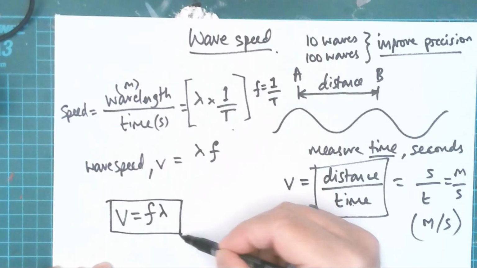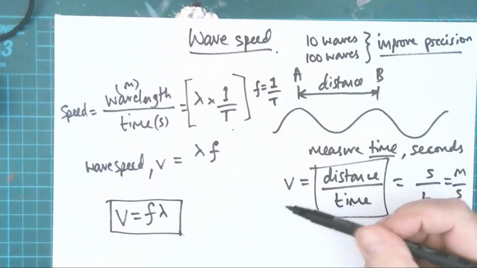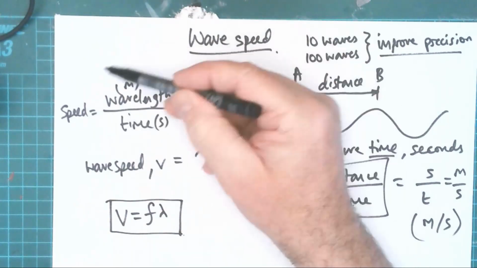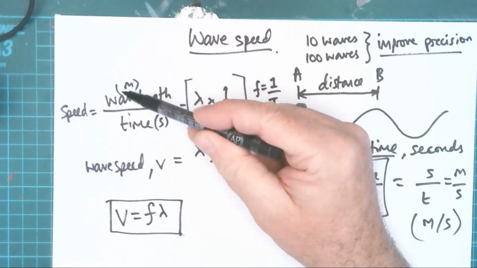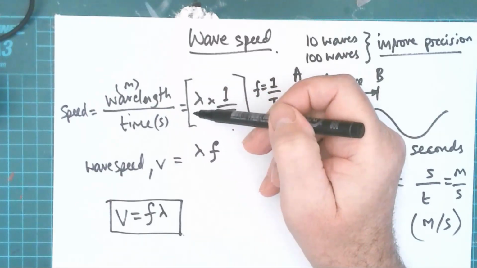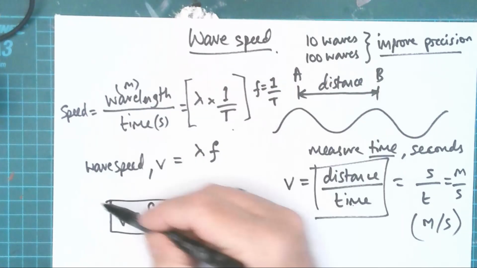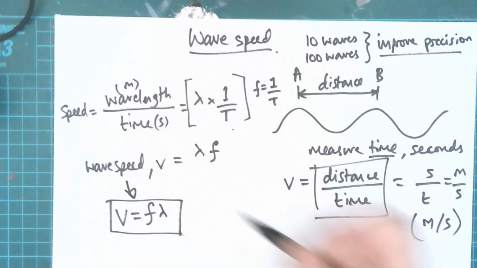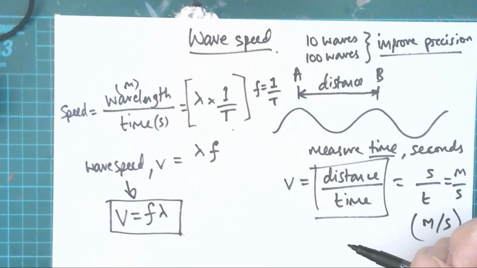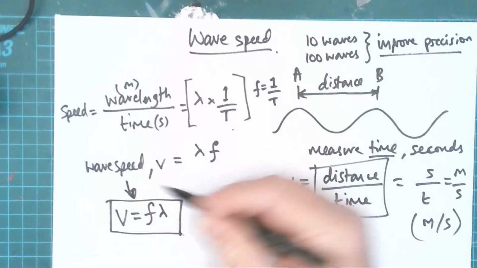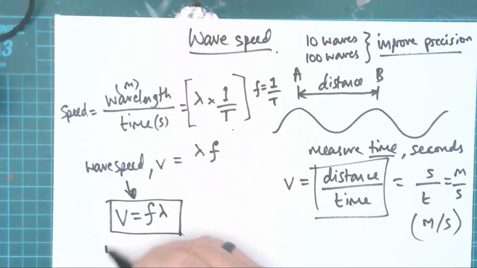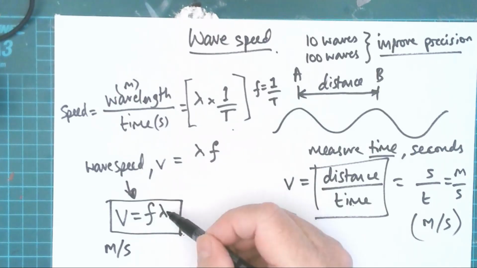Okay, don't worry about all of this. Some of you will be following that, and some of you will be like, what are you talking about? Just know that wave speed is v equals f times lambda. Okay, it's still meters per second, even though we've got hertz and meters.